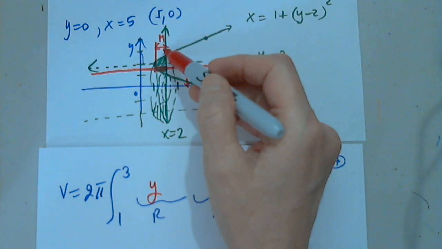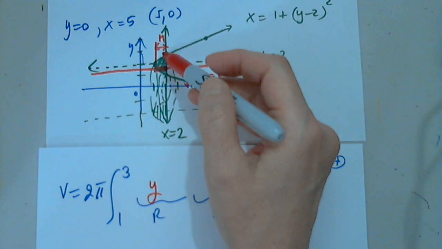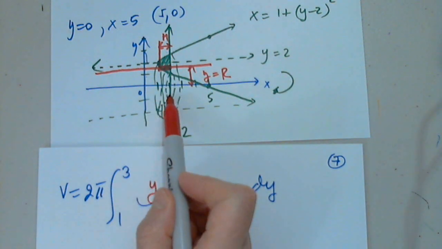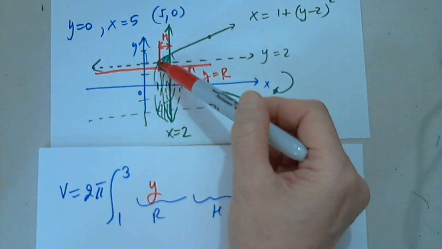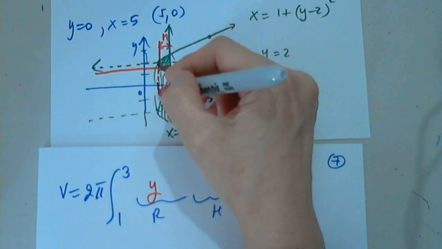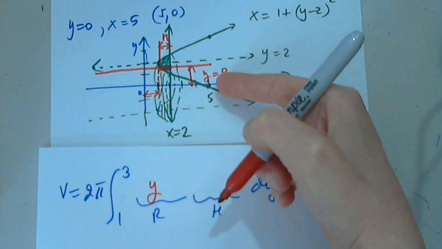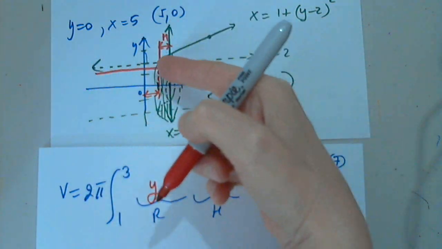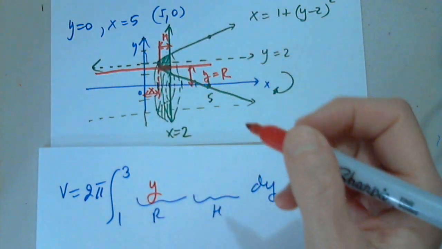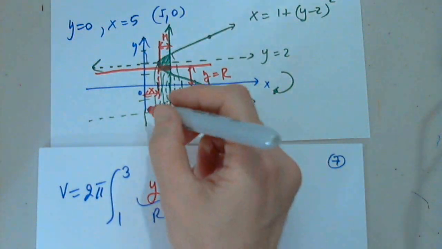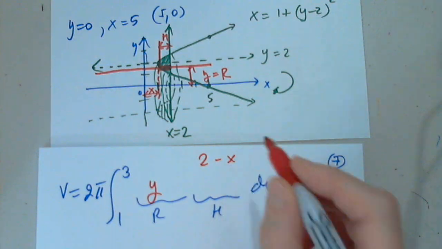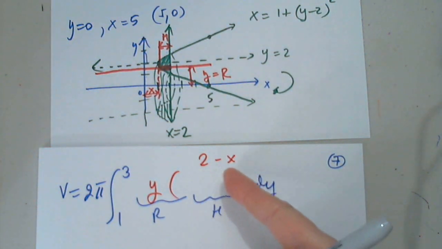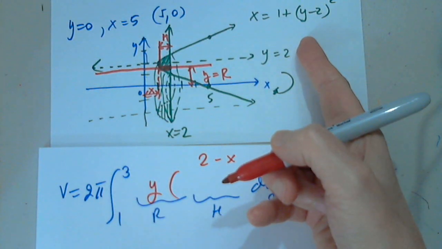What about height? So the height is, again, 2 units minus the x value corresponding to that y value. But I cannot write in here 2 minus x. Instead of x, I will put that.